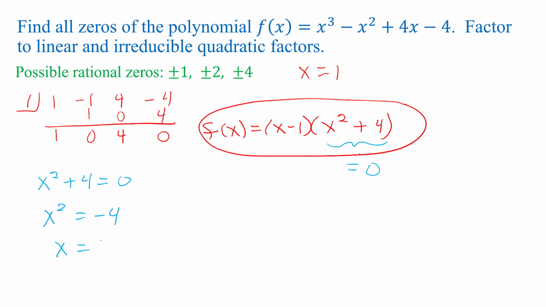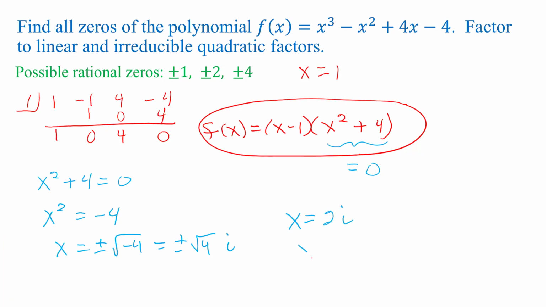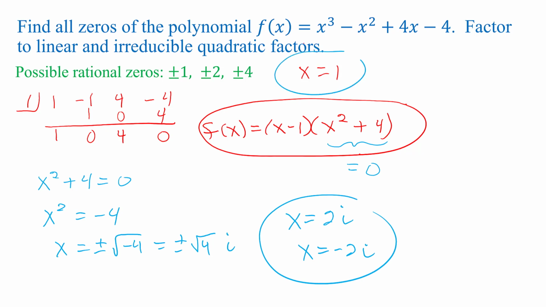X would then equal plus or minus the square root of negative 4, or plus or minus the square root of 4i. We find x equals either 2i or negative 2i. And we have 3 zeros, 1 real, 2 not real.